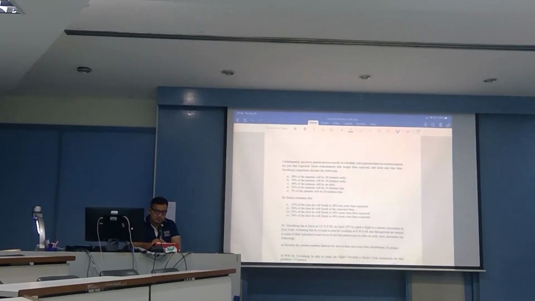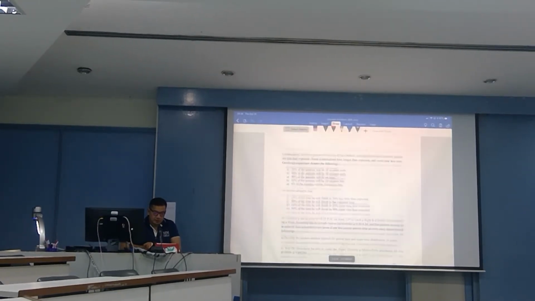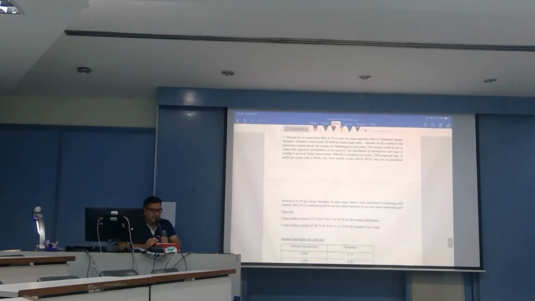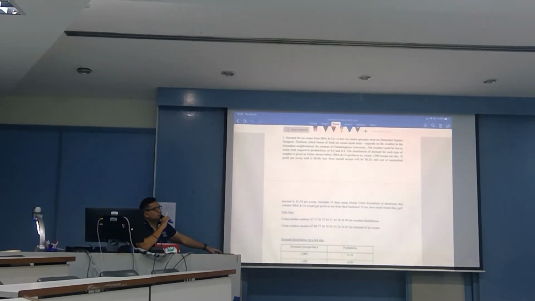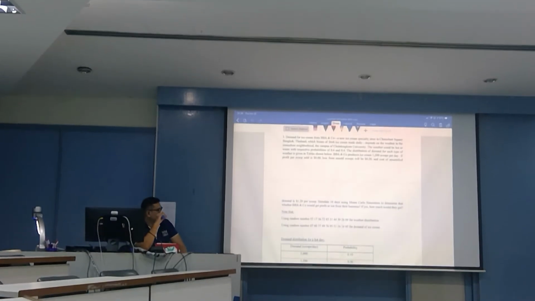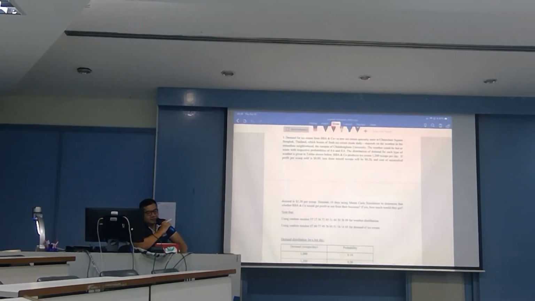In this example, we have the demand for ice cream. For BDN Co. company, the new ice cream, especially stored in Japanese Square, right? They try to produce the first ice cream of Delhi. And the demand depends on the weather in the neighborhood of the campus of the university.